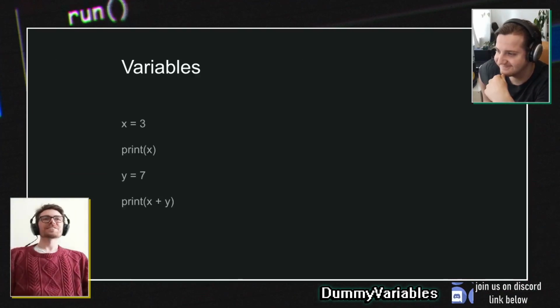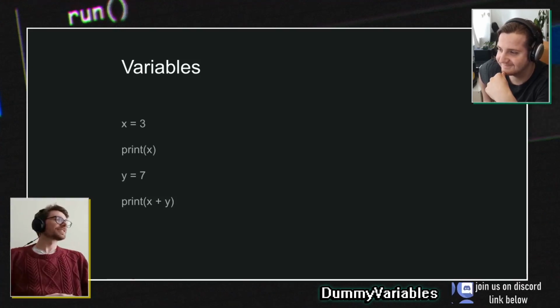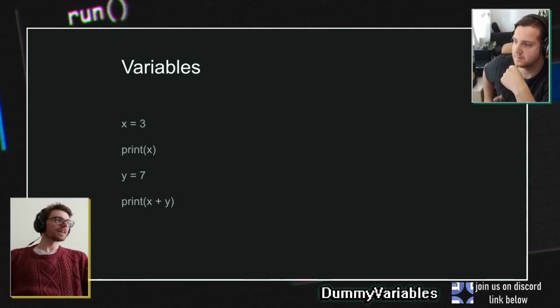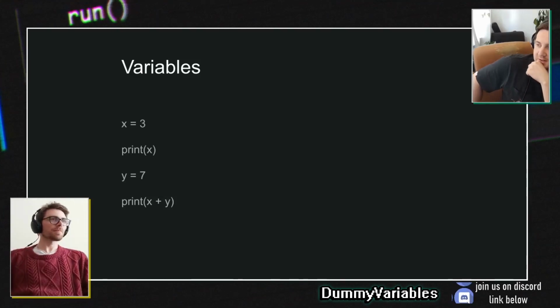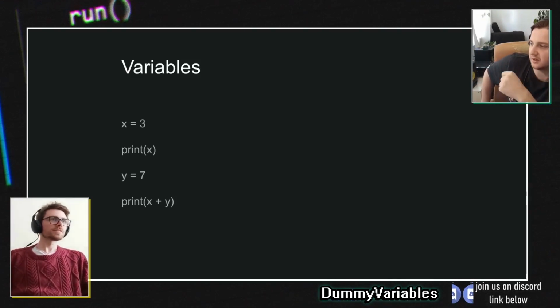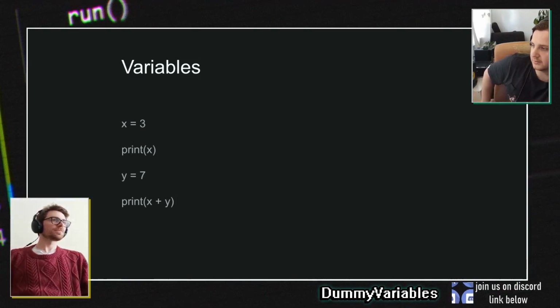Excellent. Well, let's have a little look at what's going on. So the first example is exactly what I was just describing. Can you tell me what's going to happen in that line of code? Well, first of all, as you've said, we choose a name for our variable, which is X in the first line. And we assign to it the value of 3.